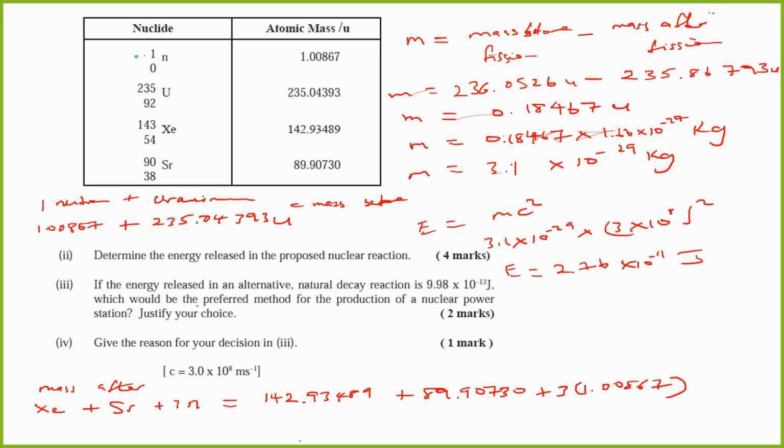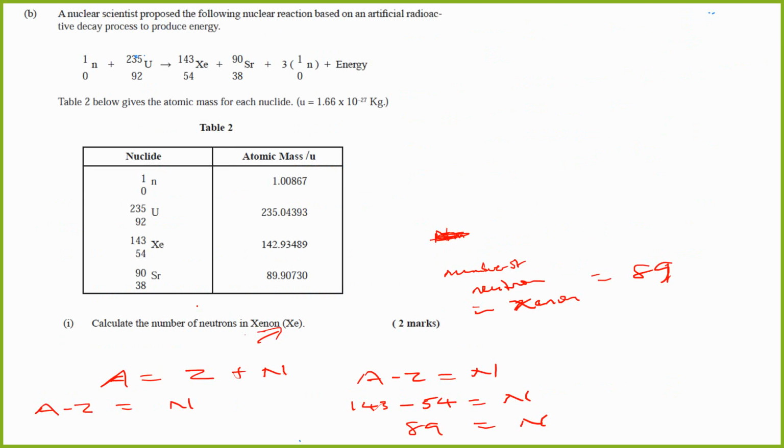So in a sense, they are just asking us to look at it and to compare the answers mainly. If you check back, the question is talking about a nuclear scientist who is doing an experiment to create some type of energy using some artificial radioactive decay process, right?